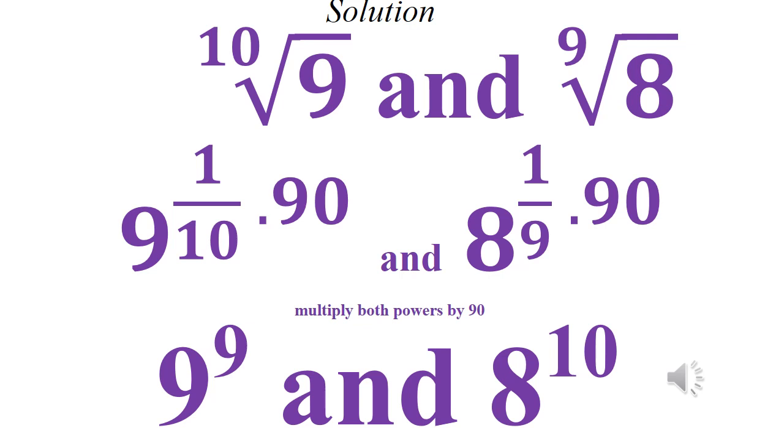So 10 in 90 is 9. So we have 9 raised to power 9, and 9 in 90 is 10. We have 8 raised to power 10.